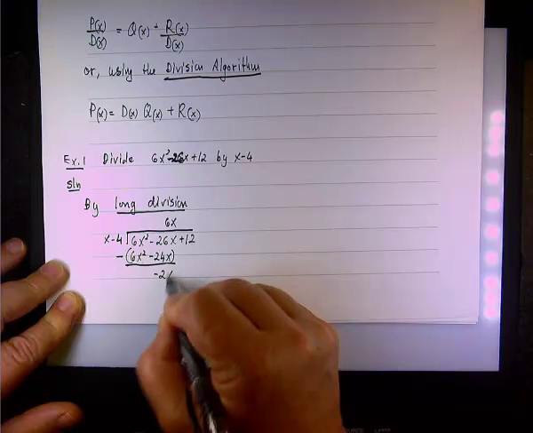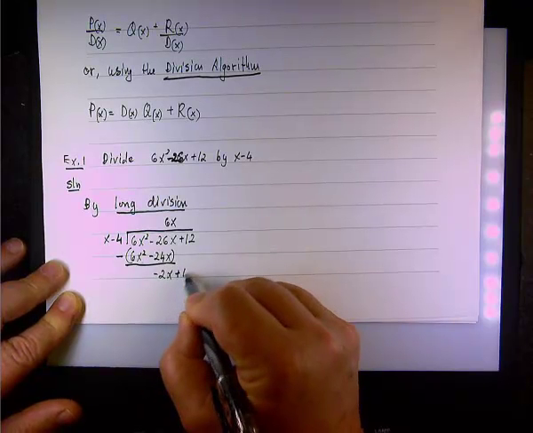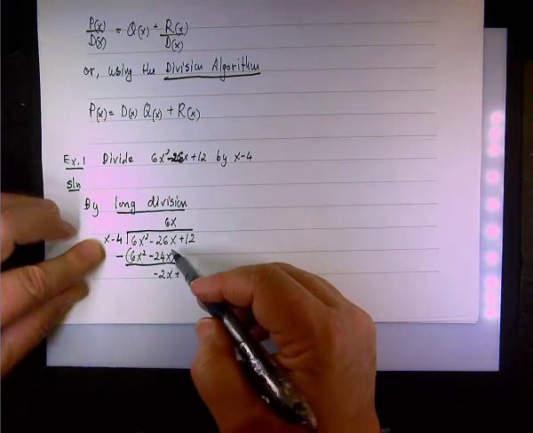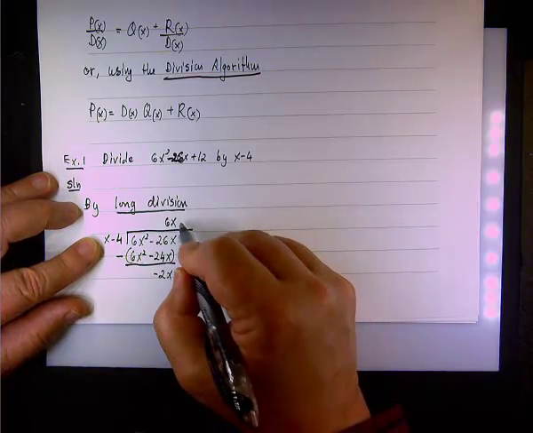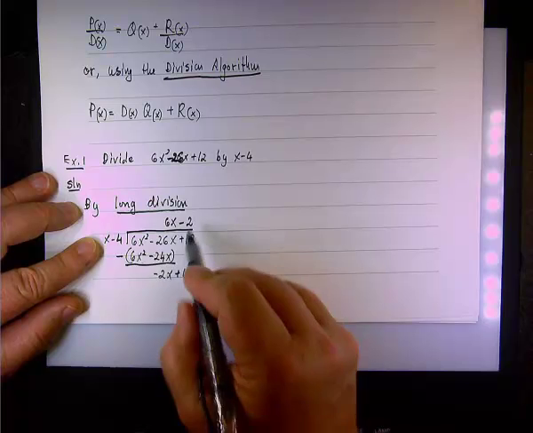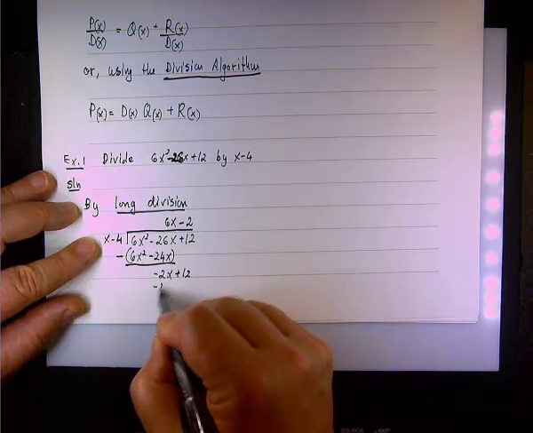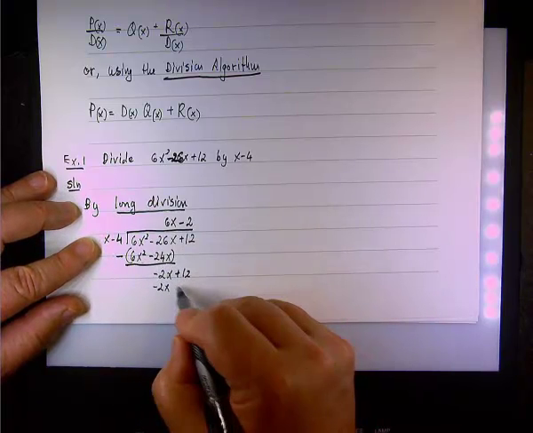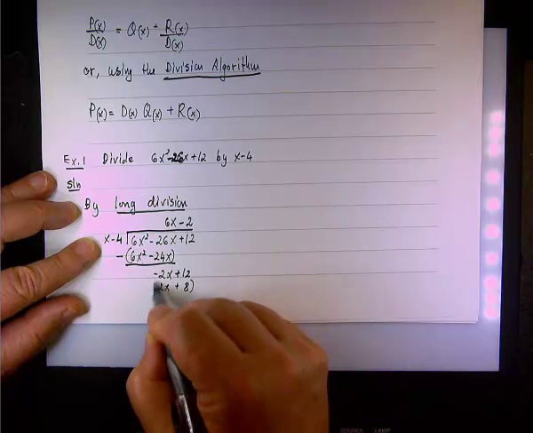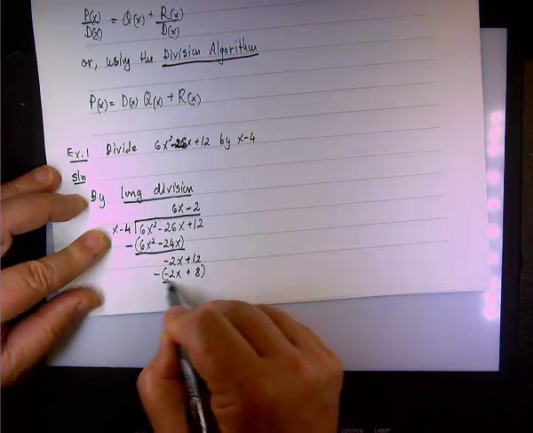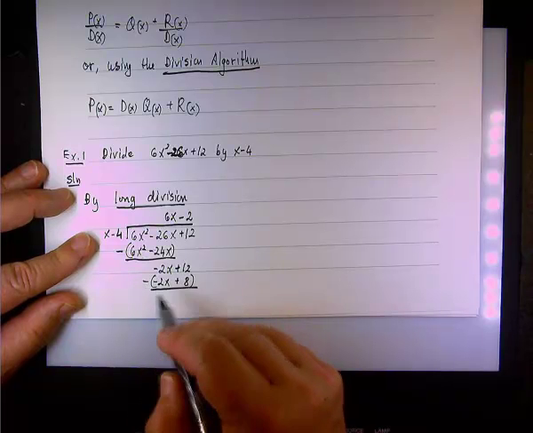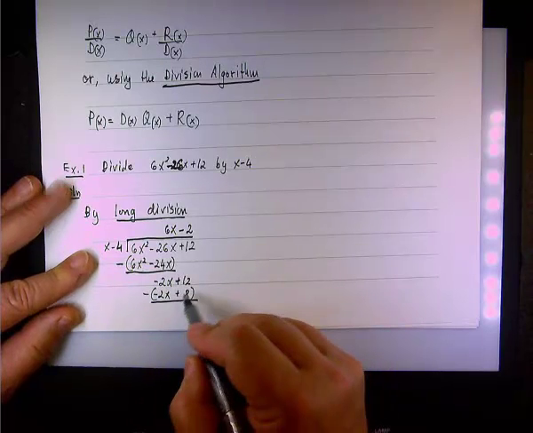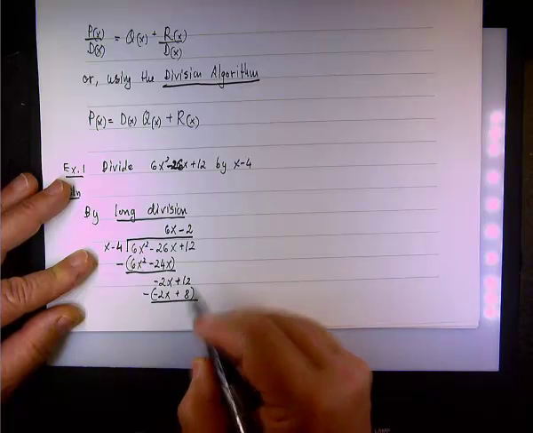Next I'll subtract, the way we do with numbers. So 6x squared minus 6x squared goes to 0. Negative 26x plus 24x gives me negative 2x. Now I'll drop the 12. To multiply x to get negative 2x, I need to multiply by negative 2. Negative 2 times x is negative 2x, and negative 2 times negative 4 is positive 8.